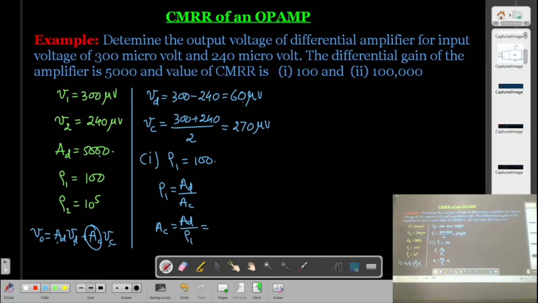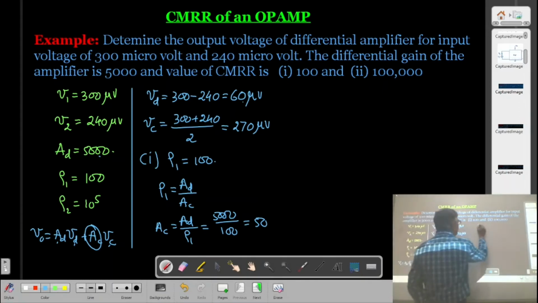Differential gain divided by rho 1. What is the differential gain? It is 5000, and rho 1 is 100. So this will come out to be 50. So in the first case, if the CMRR is 100, then the common mode gain is 50.